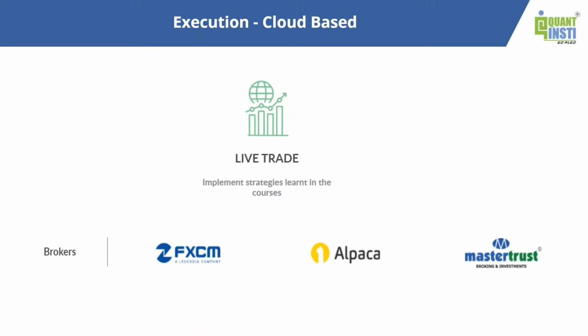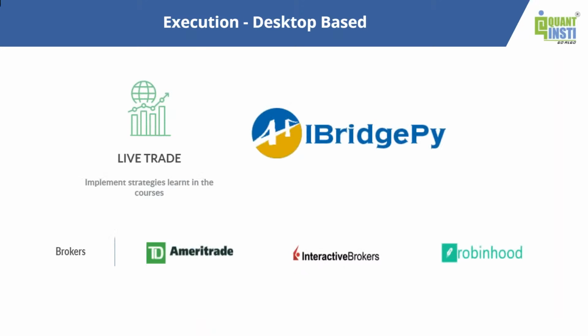But if you want to use a desktop-based integration, you can install iBridge Pi, and you can connect to any of these brokers like Ameritrade, Interactive Brokers, or Robinhood, which are widely used in US markets. You just need to log into your broker account and it will connect you to the broker so that you can get the data, analyze them, and also place orders.